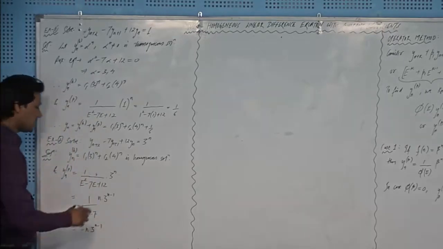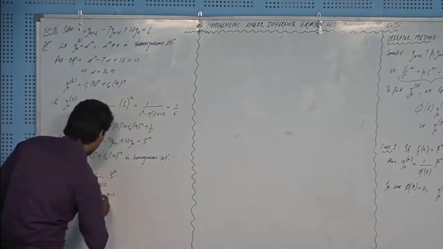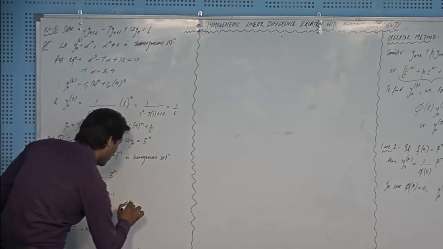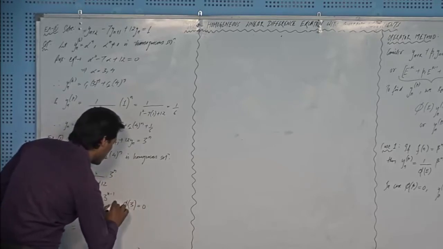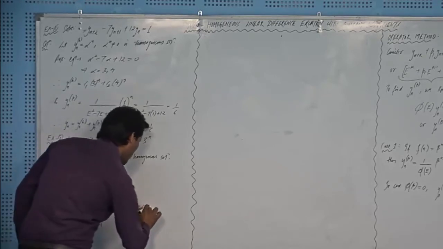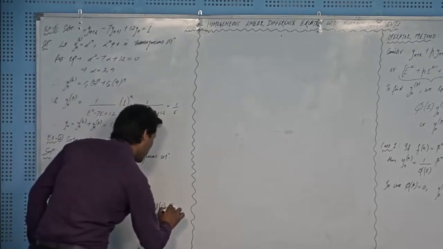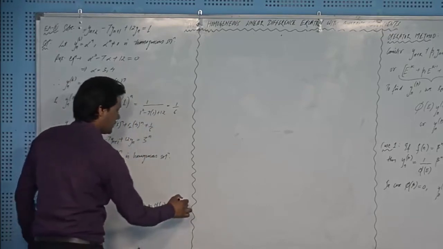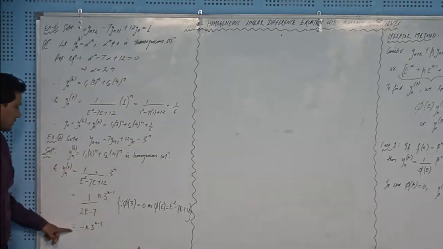At the earlier point we had the denominator equal to 0, so I write phi(3) equal to 0, where phi(E) is the polynomial E squared minus 7E plus 12. Now you can add these two, y_n^h plus y_n^p, and that will be the complete solution.